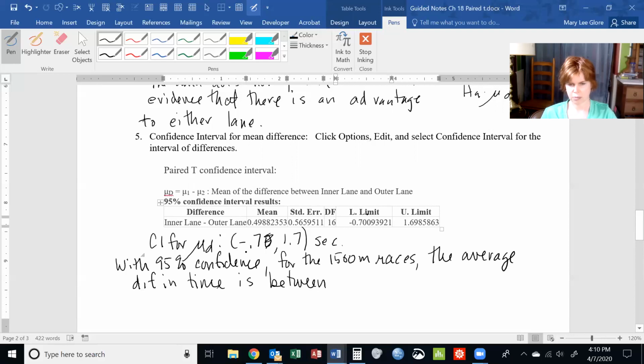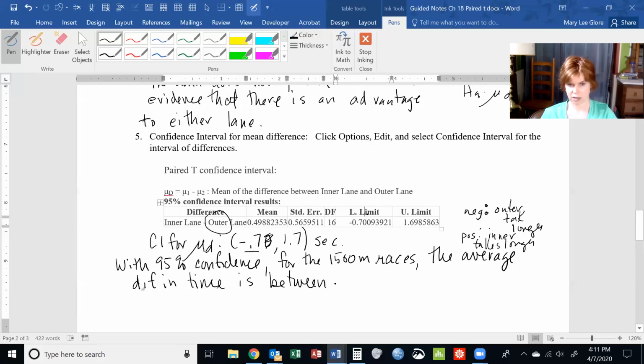all right, so on the lower end I have this minus 0.7. So the negative means that the second one is bigger. So when it's on this end, if mu d is negative, then the outer takes longer. And if it's positive, that means the inner takes longer. So on this side, it's possible that the outer takes longer.